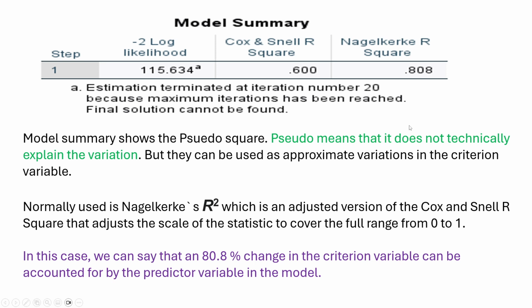It is an adjusted version of the Cox and Snell R square that adjusts the scale of the statistic to cover the full range from 0 to 1. In this case, we can say that 80.8% of the change in the criterion variable can be accounted for by the predictor variables in the model. So for Nagelkerke's R square, you have to see 80.8%.